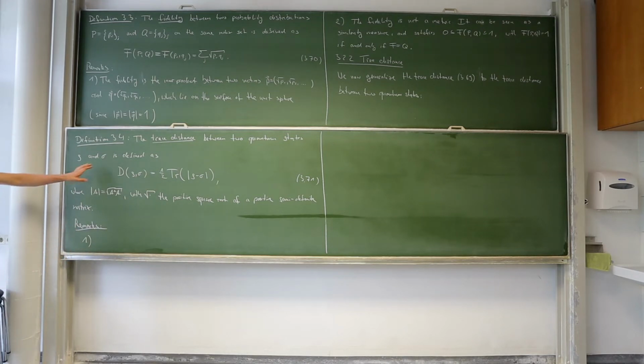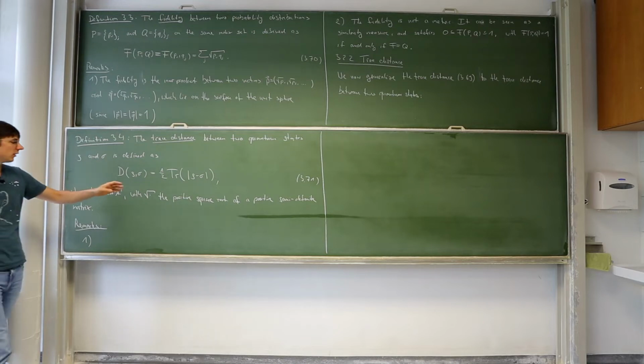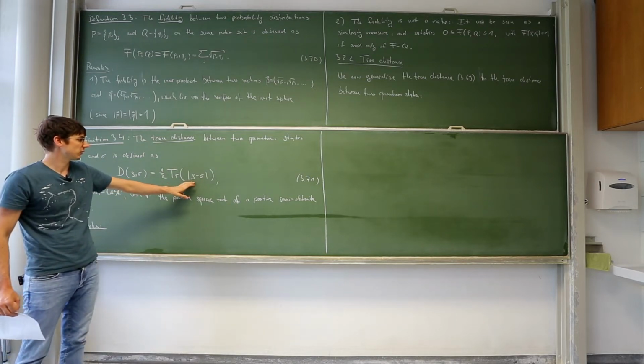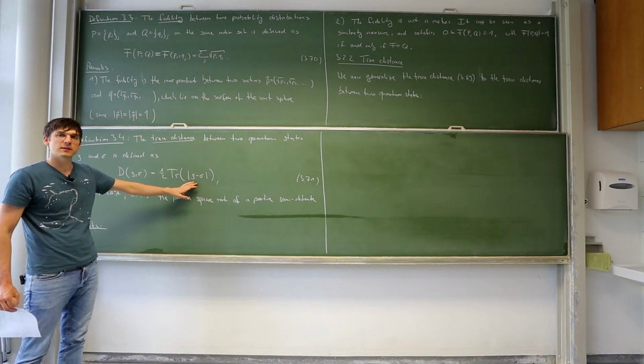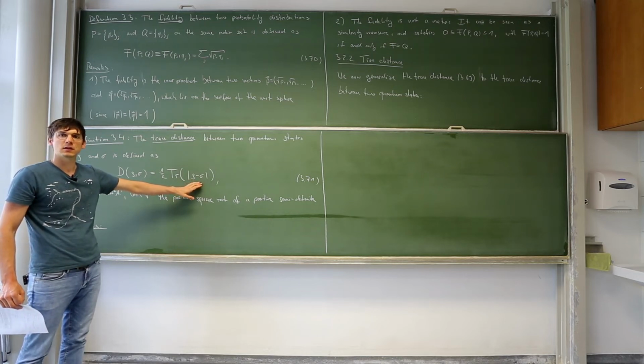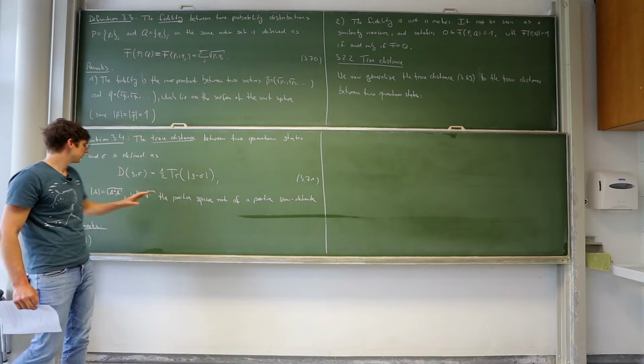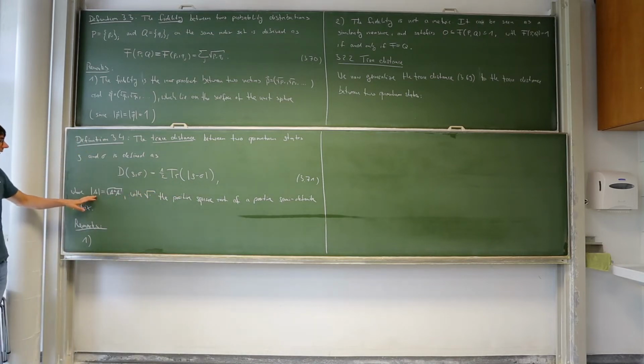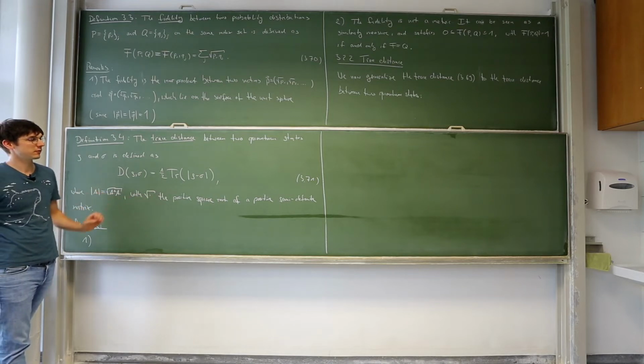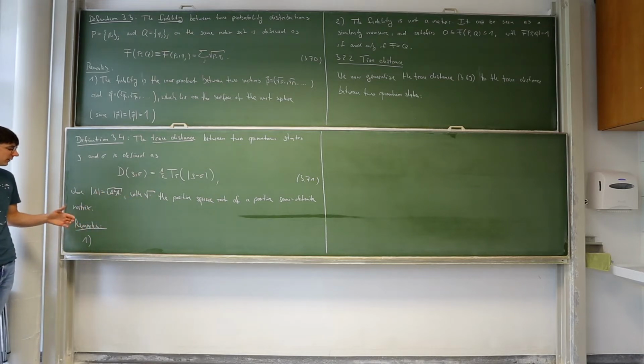Okay, so this is now the way how we define it. And I hope you're comfortable with this, because we already encountered several times the modulus of some operators, right? And I just wrote it down. The modulus is the square root of A dagger A, with the square root being the positive square root of a positive semi-definite matrix.